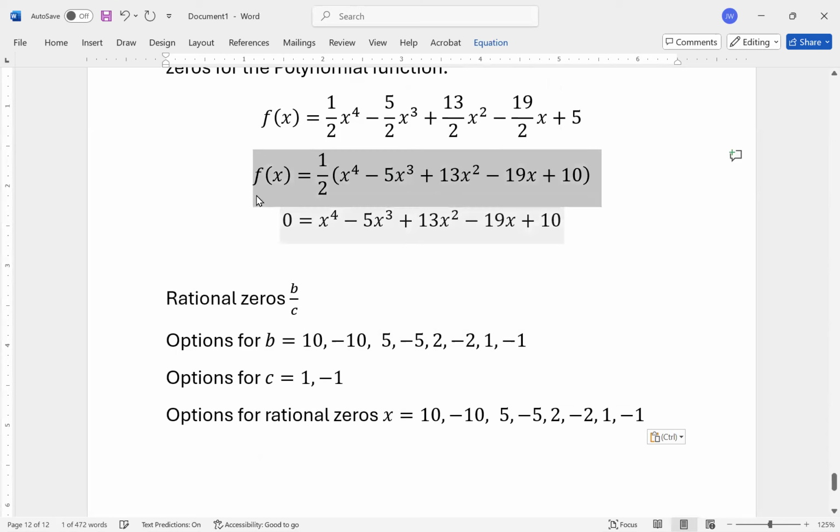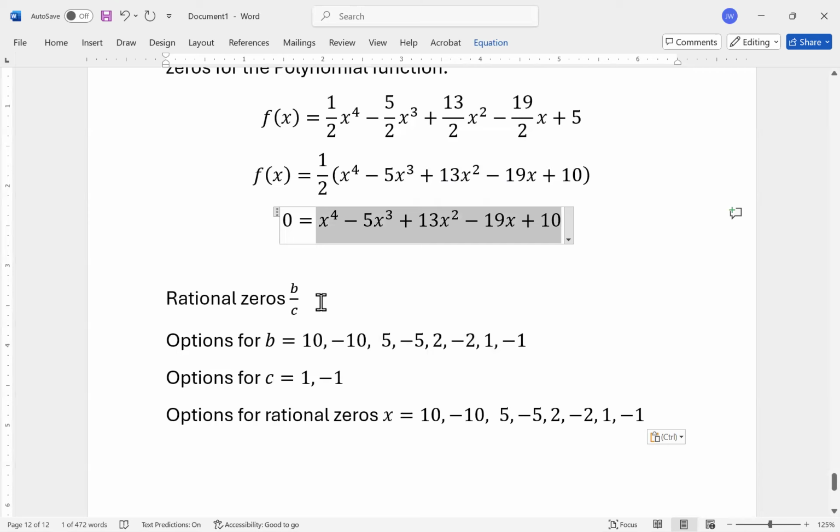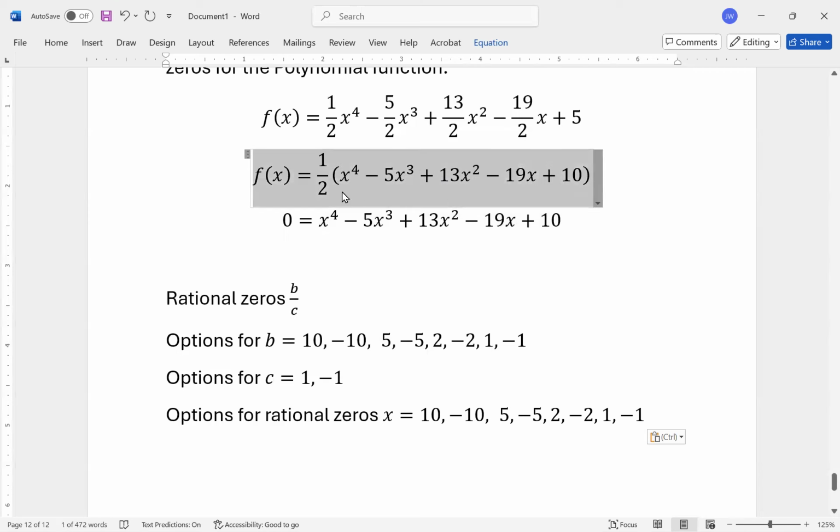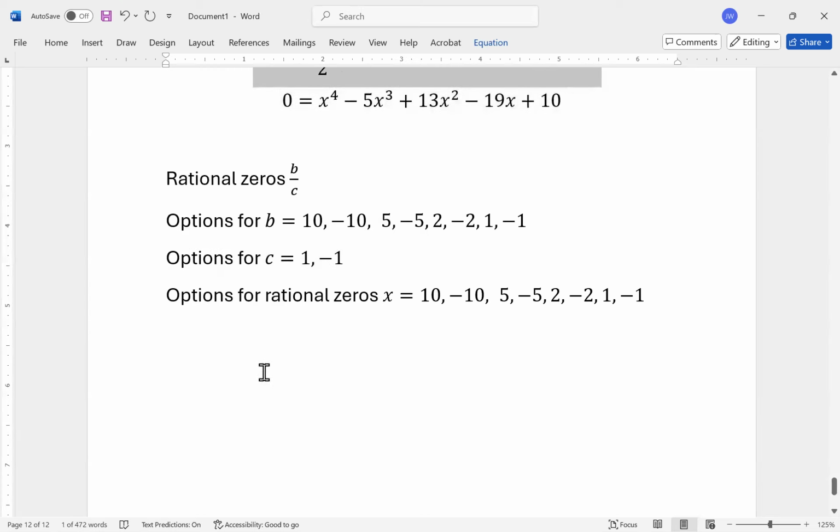You can either plug these into my original f of x, or I could plug them into the polynomial where I've multiplied both sides by a 2. It doesn't matter: if plugging them into f of x gets me 0, then plugging into this polynomial will also give me 0, and vice versa. So the way I'm going to write it is here, and I'm just going to plug it into my f of x.